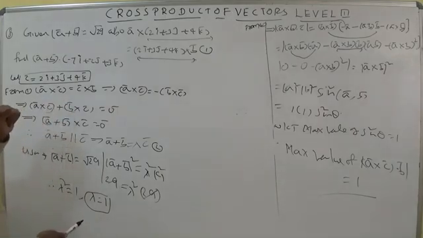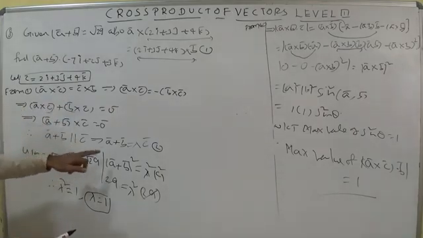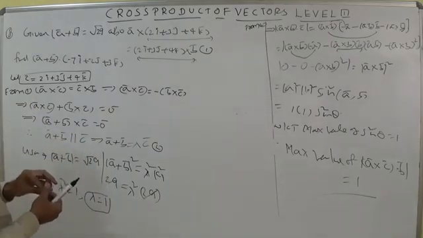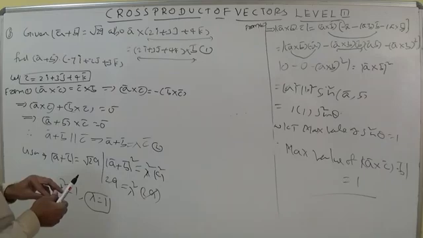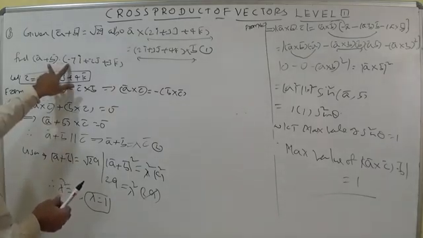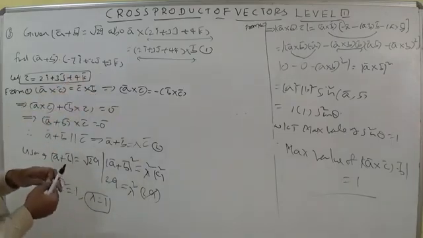Where we have taken A plus B parallel to C, A plus B is equal to C. So what should we calculate now? What is the value of A cross C? Now A plus B into minus 7i plus 2j plus 3k.